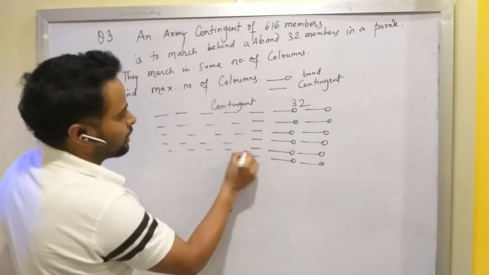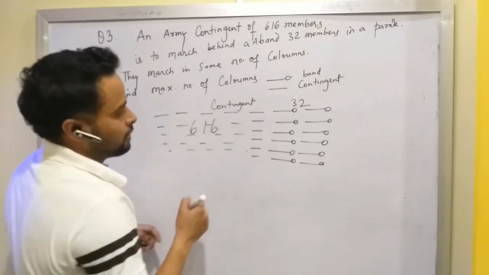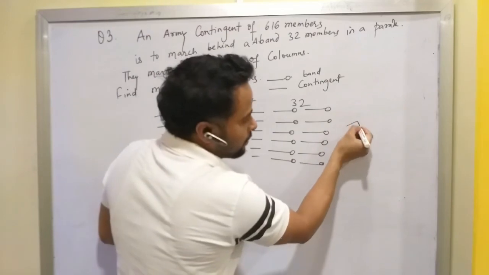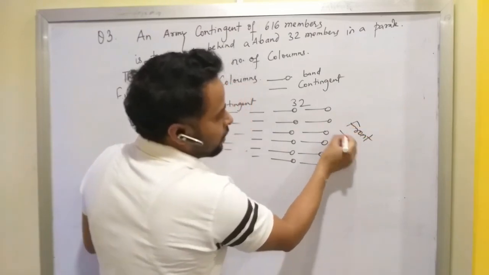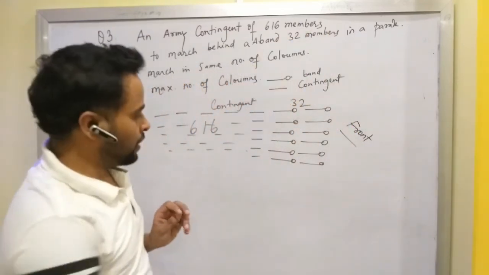There are so many, 616, and they all are in a parade.